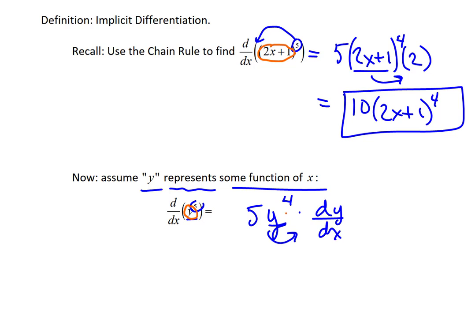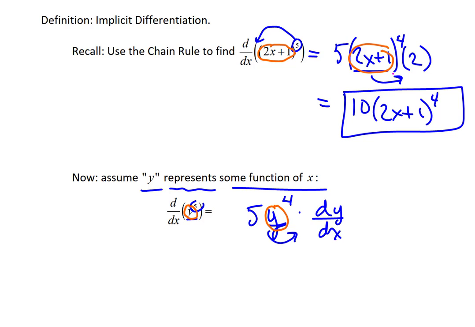When we took the derivative of it in the first example, we ended up with 5 down in front times (2x plus 1) to the fourth times 2. Well, again, now in this implicit example, we have 5 times y to the fourth. So again, there's the y representing the 2x plus 1.